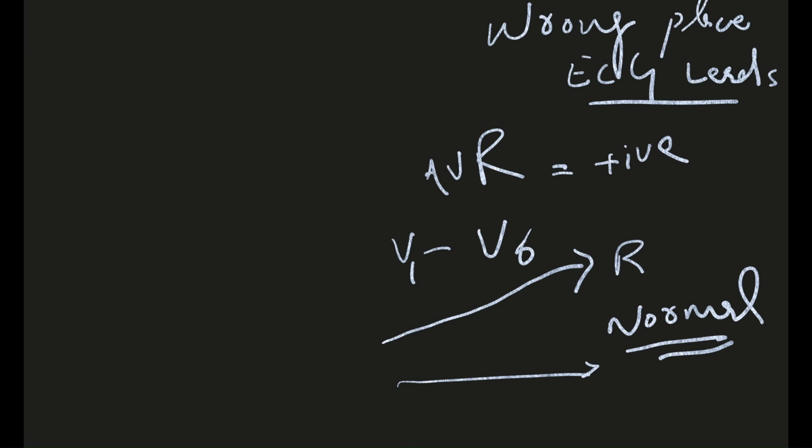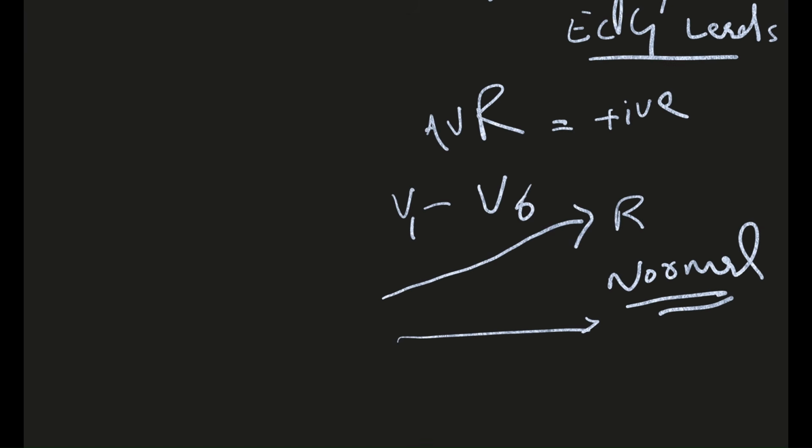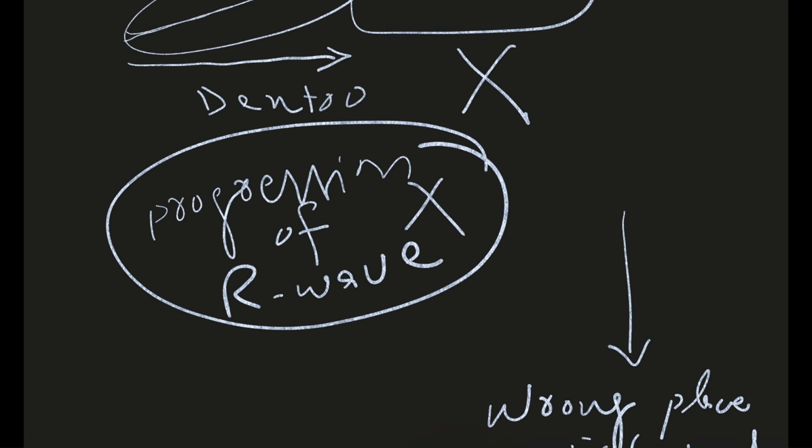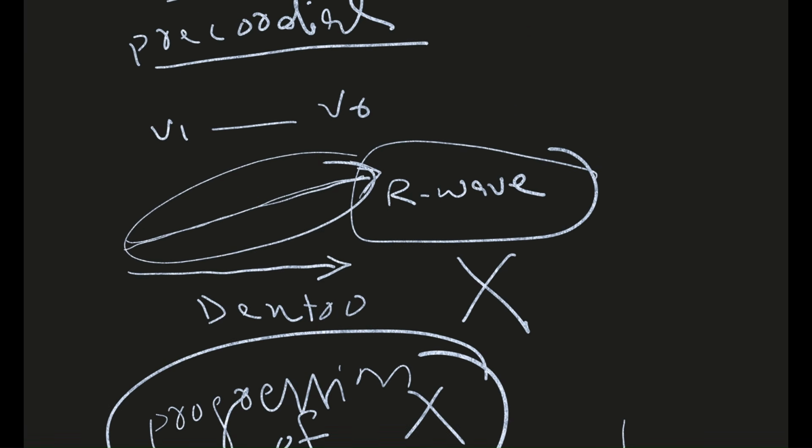Look, these are the only two differentials, and a common differential that you can come across in your exam. If the AVR is positive, there can be two differentials: either the person is having dextrocardia, or the leads are accidentally placed on the wrong arm. To differentiate between these two, just look at the pattern of V1 to V6.